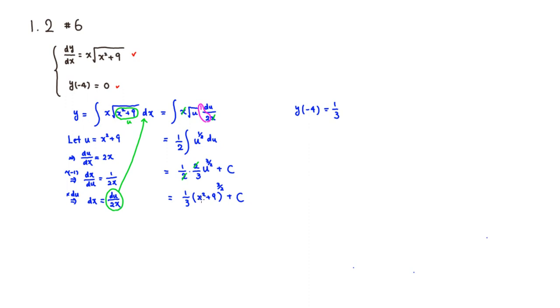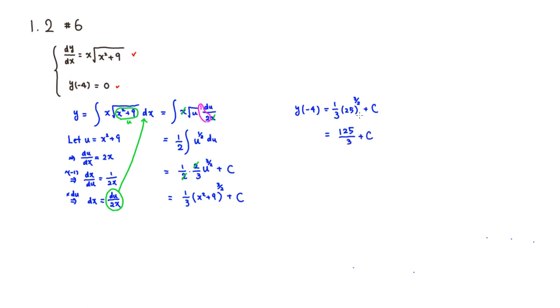We put in -4 squared, which is 16. 16 plus 9 is 25, and raise it to the 3/2 power, plus c. Let's simplify this. The square root of 25 is 5, and you have to cube that. So it's 125 over 3 plus c.